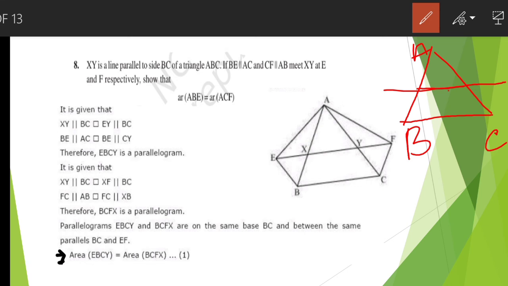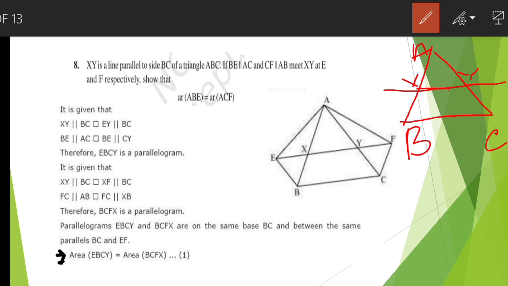Now the next portion says that BE is parallel to AC and CF is parallel to AB, meeting XY at E and F respectively. So XY is a line which is smaller, because it says it meets at E and F respectively.